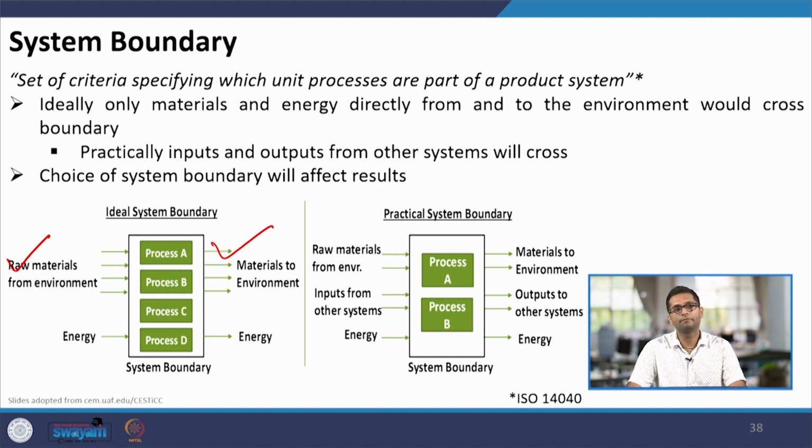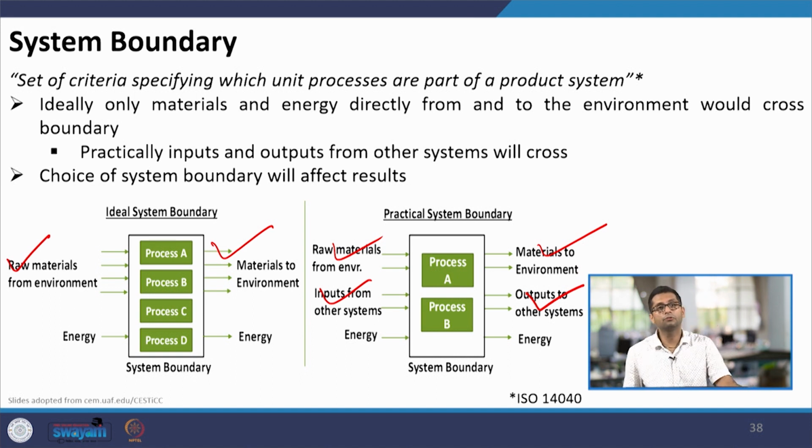But in reality, this is not something we experience. For a more practical system boundary, we would have the raw materials coming from the environment, of course, but we would have other inputs coming from other systems as well, in the form of electricity and other examples. And finally, we would also have outputs to the environment, and outputs to other systems.